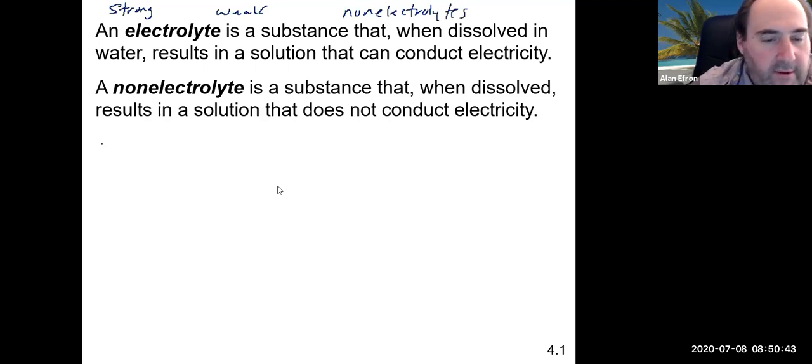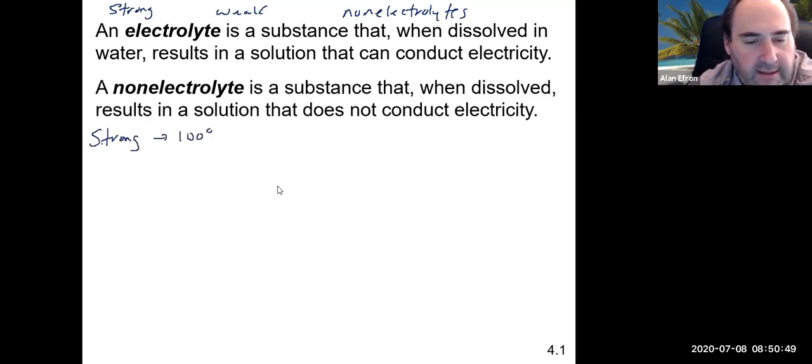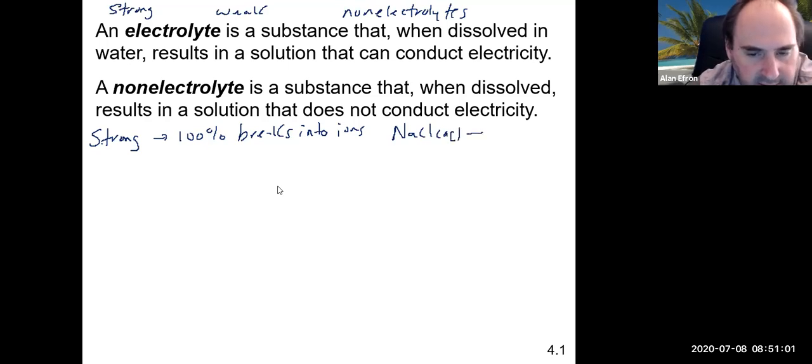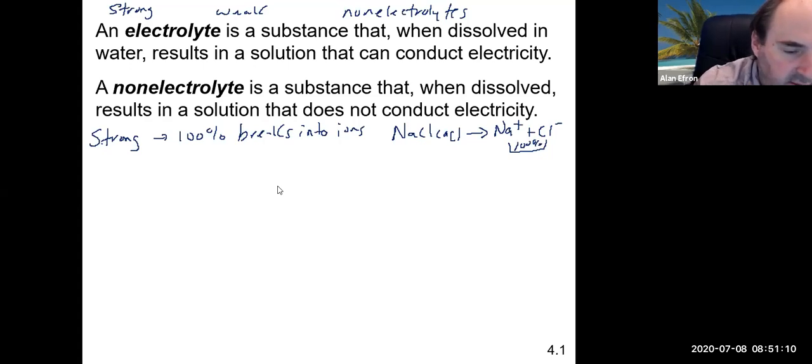When you have something that's, say, a strong electrolyte, as we will see, it 100% breaks into ions. So if you had some sodium chloride solution, in solution you basically have sodium ions and chloride ions. You have 100% of the sodium ions floating around and the chloride ions floating around.